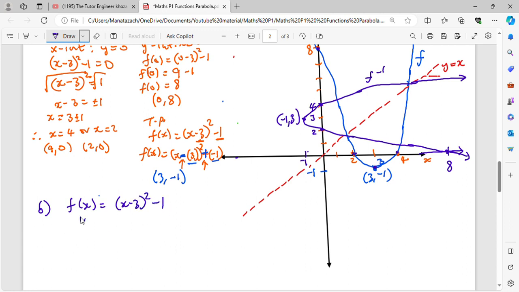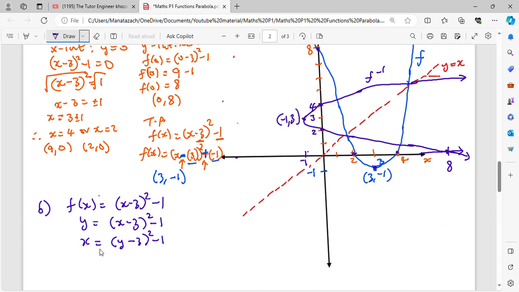To get the equation of the inverse, you first have to write f of x in terms of y, and then swap x and y around, and then start solving for y.